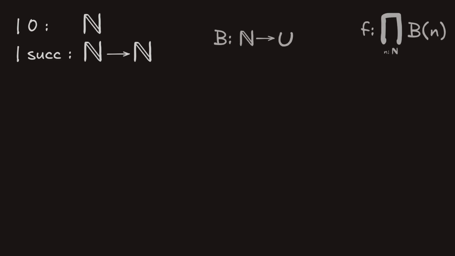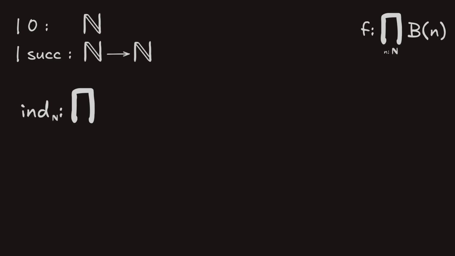Suppose we wanted to construct a dependent function from the natural numbers to a type in the type family B. We can then define the inductor for natural numbers in a similar way we defined the recursor. We start by picking a type family from the natural numbers to some universe.